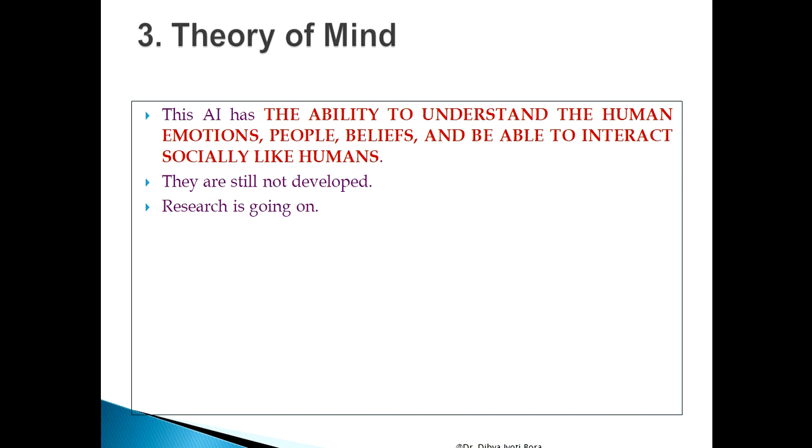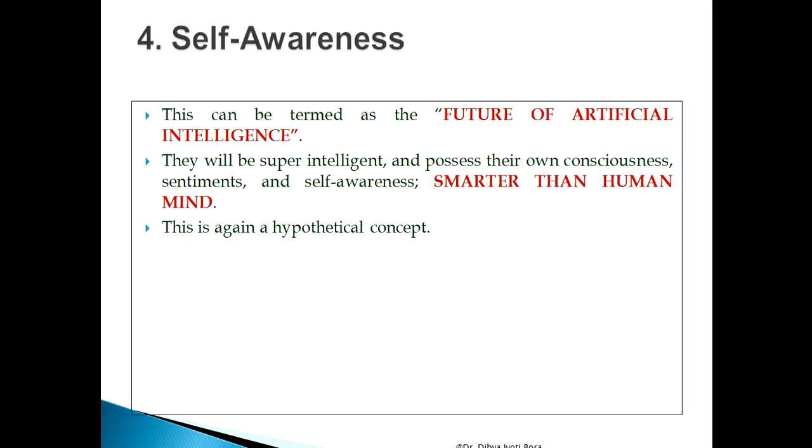Then we have theory of mind. This AI has the ability to understand human emotions, people, and beliefs, and to interact socially like we humans do. But it is still not developed, and research is going on. Then self-awareness, which you can consider the future of artificial intelligence.